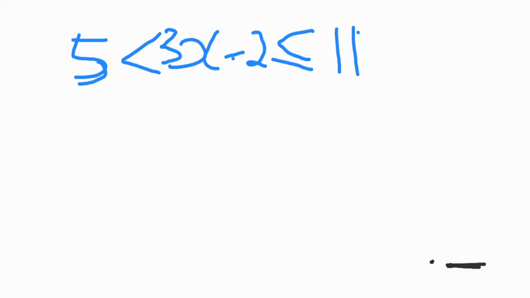Number 4. 5 is less than 6x minus 7, less than 29.